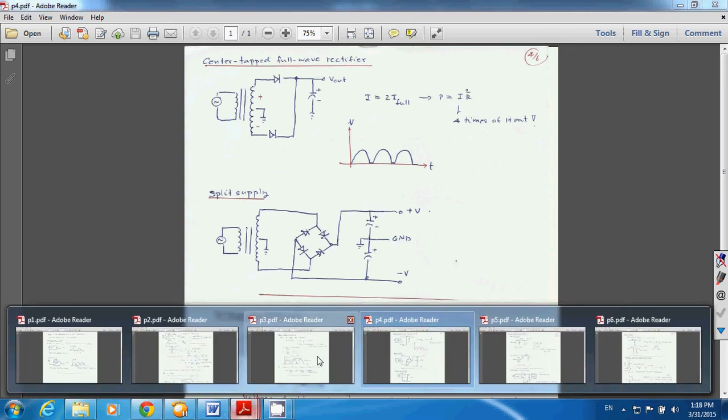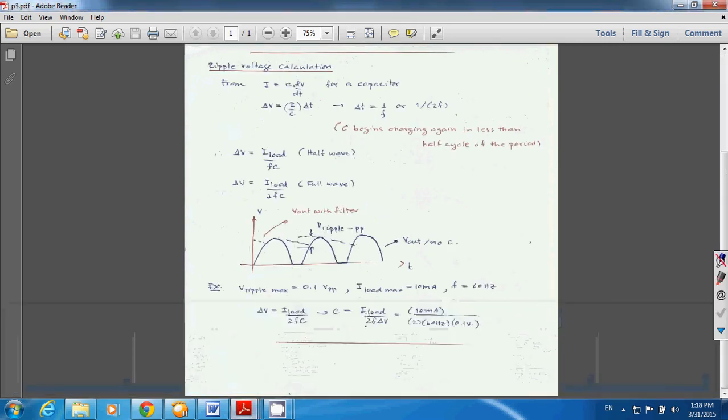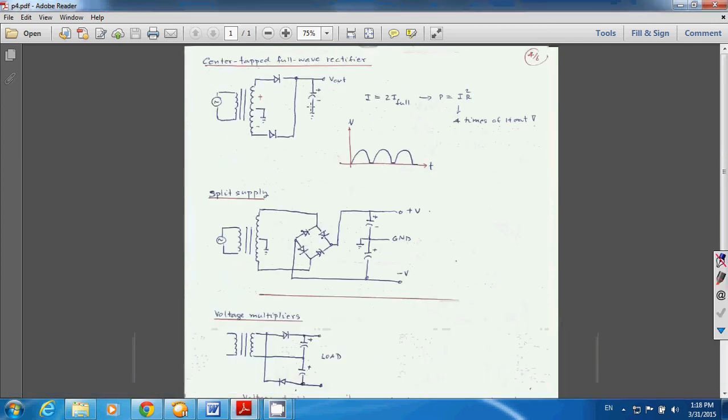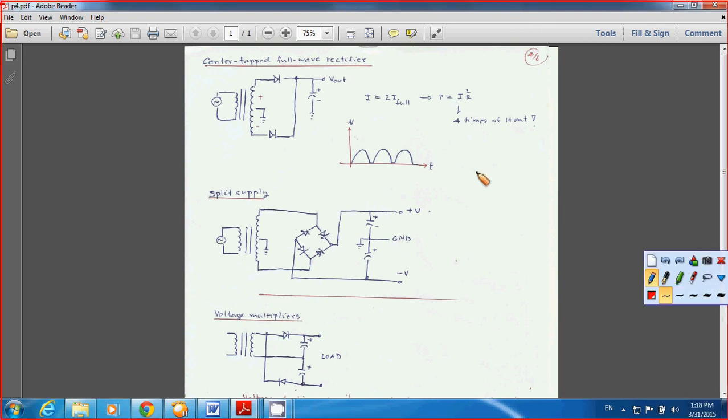Now take a look at another application. Actually, it's still the DC power supply. Now for the DC power supply, you know exactly that you need an AC input signal here.